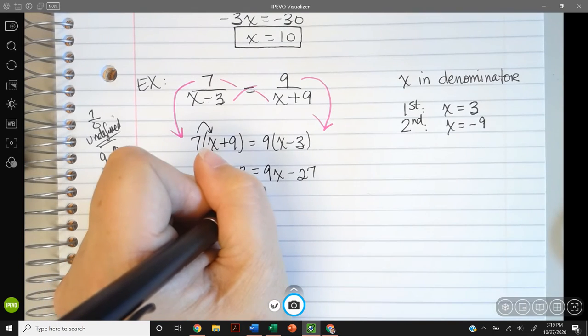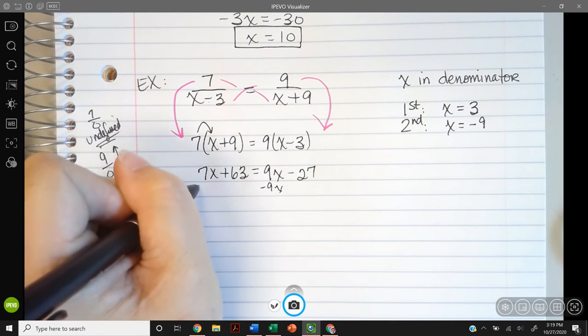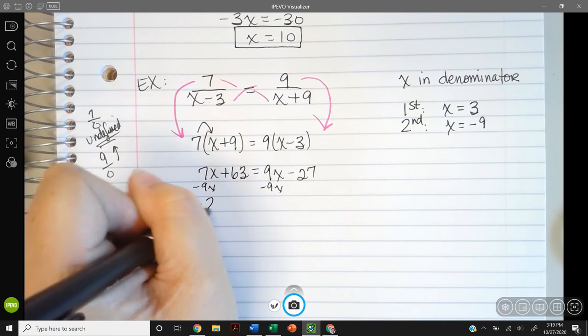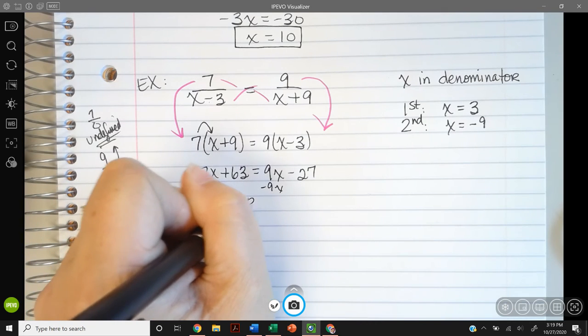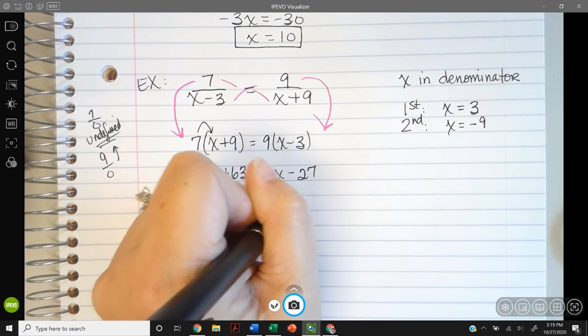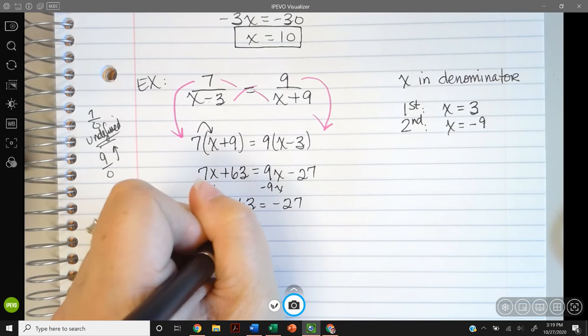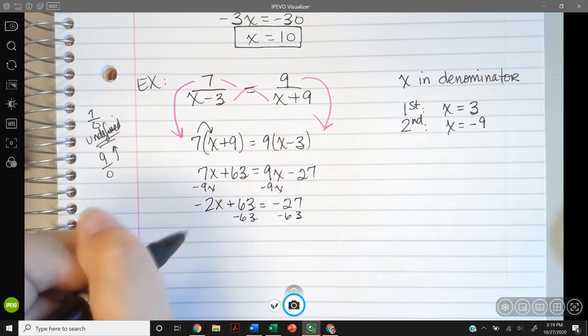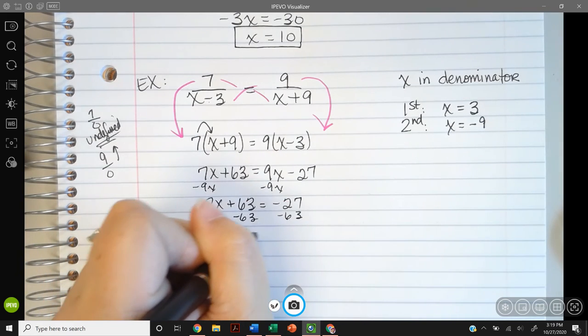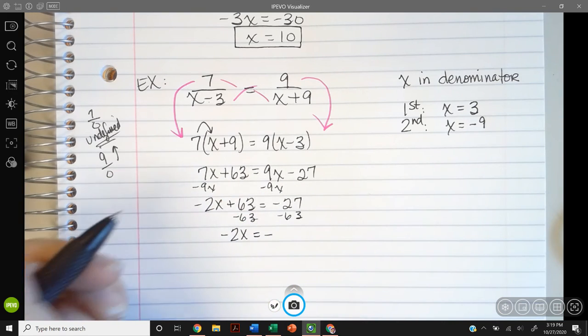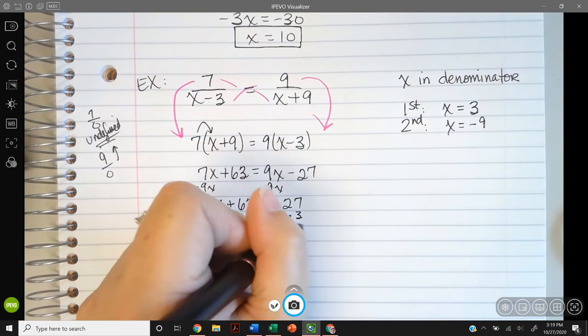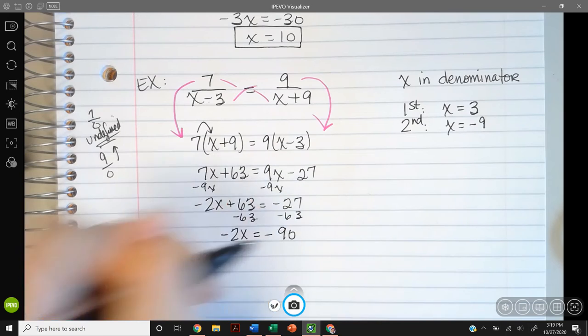I'm going to subtract 9x, so I get negative 2x plus 63 equals negative 27. I'm going to subtract 63, so I get negative 2x equals negative 90.